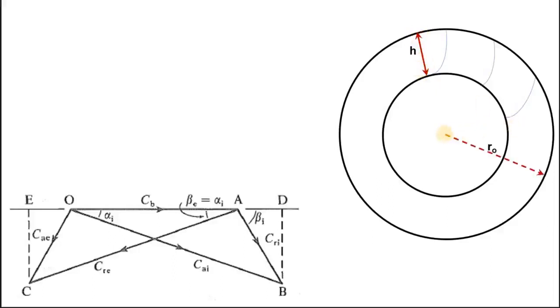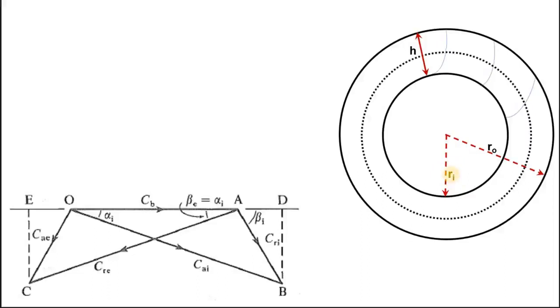And from the center of this rotor to the tip of this blade, this represents the outer radius of this wheel. Similarly, from the center of this wheel to the inner edge or the bottom edge of this blade, this is the inner radius of the wheel.